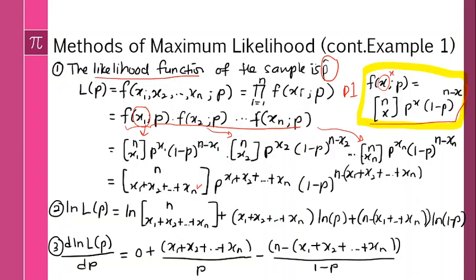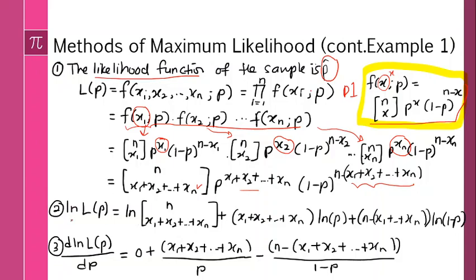As you can see here, the power of x1, you total up, so it equals p to the power of x1 until xn. The same goes for the probability of failure, 1 minus p, raised to n minus the summation of xi.